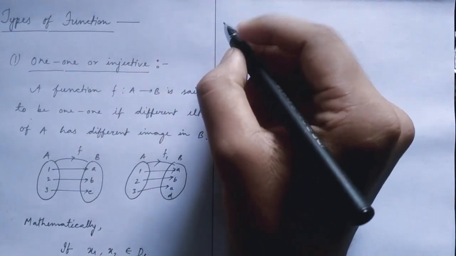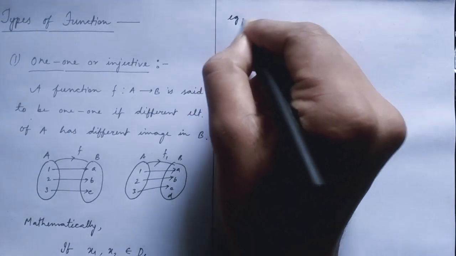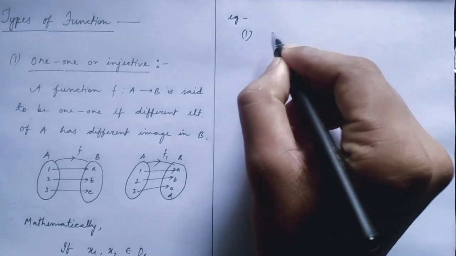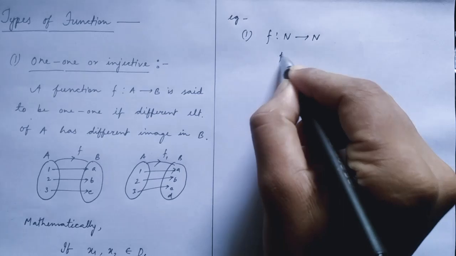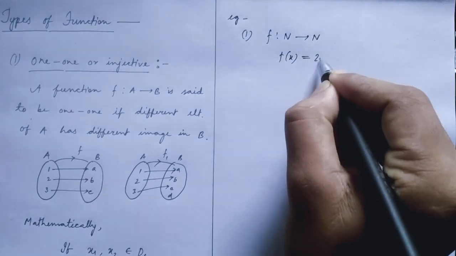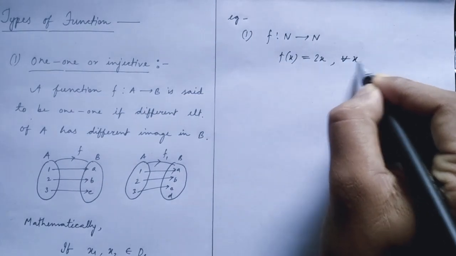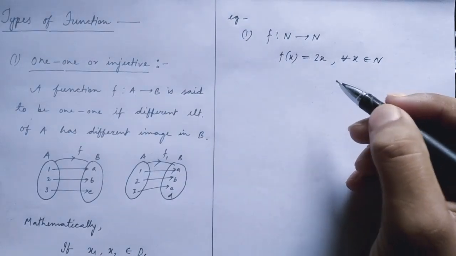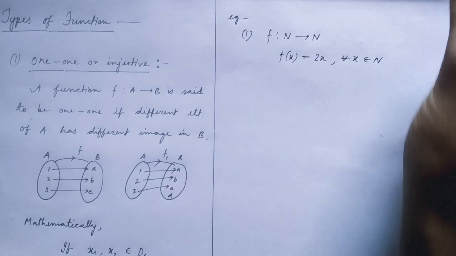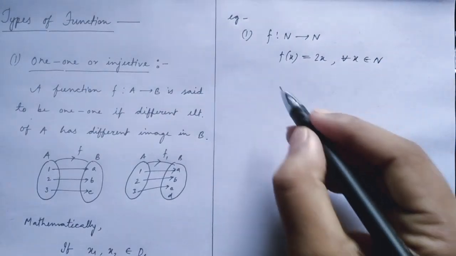Now I give you some examples. Number 1, f from N to N and f of x equals twice x for all x belonging to N. Now we have to check whether this function is one-one or not.